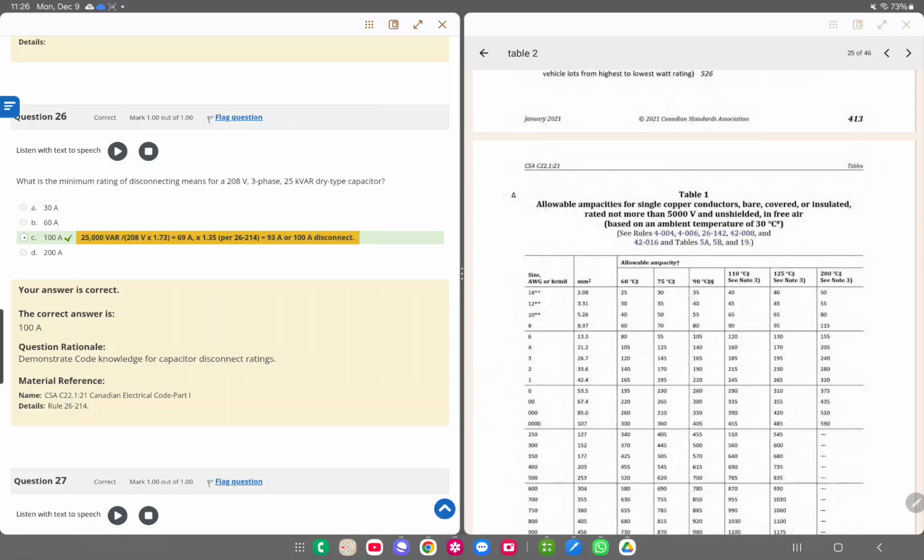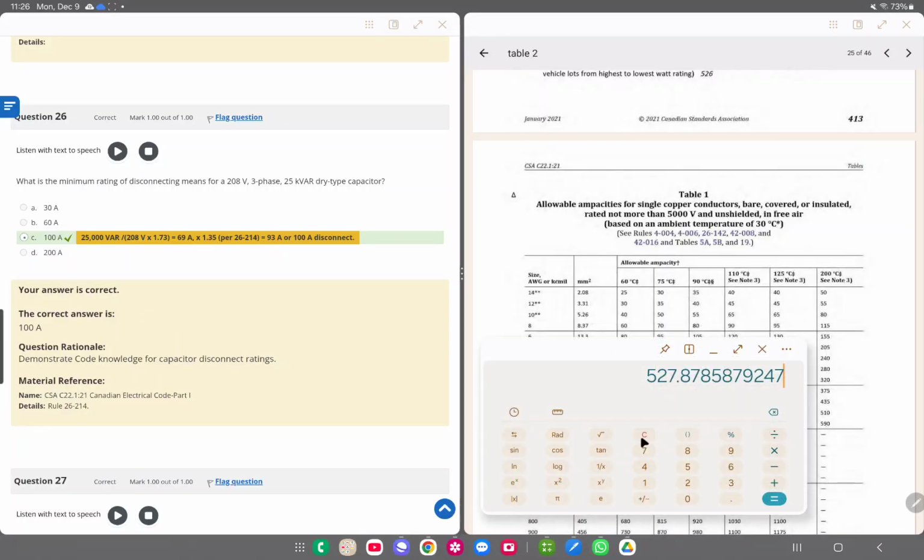What is the minimum rating of disconnecting means for a 208 volt 3-phase 25 kVAR dry type capacitor? The disconnecting means is a multiplication factor of 135. So we're going to get our 25 kVAR, and we're going to divide that by our 208, divide that by the square root of 3 for 3-phase, and we're going to get 69.39.